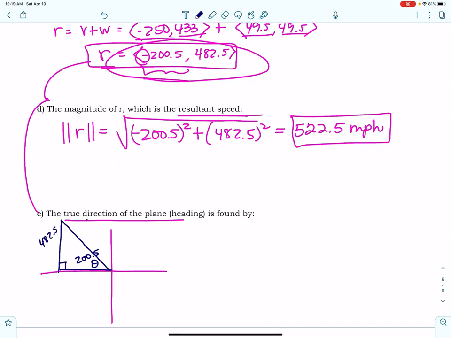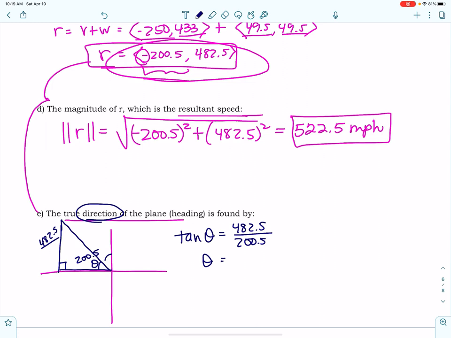All right, so if I want the direction of the plane, I've got to know some angle values here. I've got to know this angle measure, and I've got to know this angle measure so that I can write my direction correctly according to a bearing. All right, so I'm going to use tangent of theta, and it's opposite over adjacent.